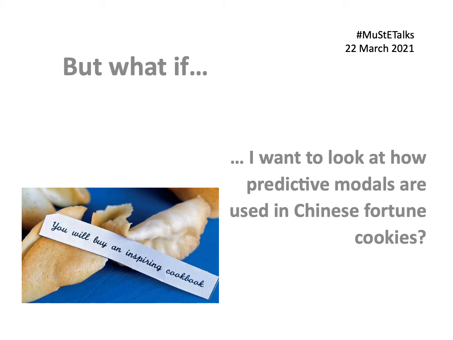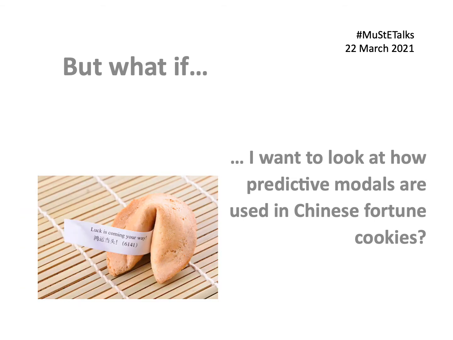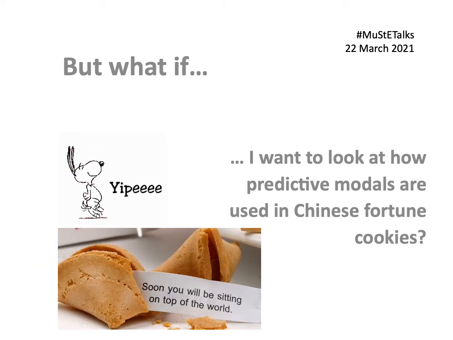But for the sake of giving you an example of what we could typically identify as fortune telling, that will do. Another one would be, luck is coming your way, says this one. Or, soon you will be sitting on top of the world. How cool is that?